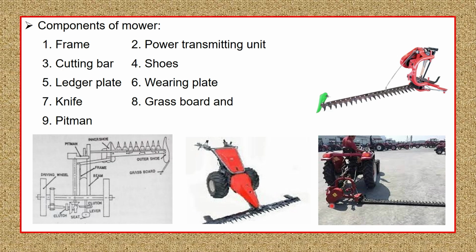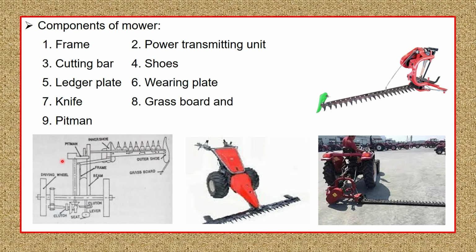From the tractor's PTO, this unit will receive the rotary motion, and this rotary motion will be converted into the reciprocating motion required for this cutter bar with the help of a pitman. So the purpose of the pitman is to convert the rotary motion into reciprocating motion. Reciprocating motion is essentially required for the cutter bar unit.